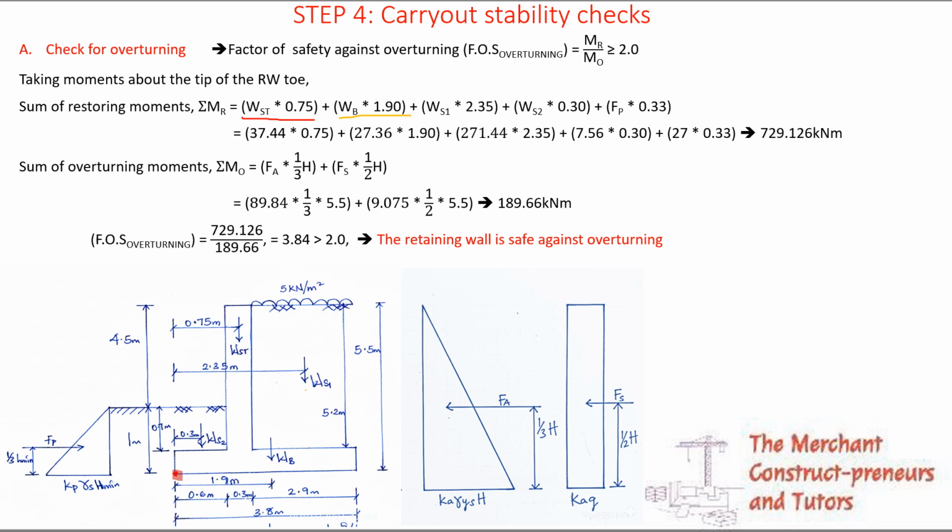Okay, so for the weight of the soil, we take half of this, and you know this is 2.9, half of 2.9 plus 0.9. So that's how we arrive at this 2.35. Same thing for this other part here. This is 0.6. So half of it to the tip here is 0.3. That's how you're able to arrive at this.